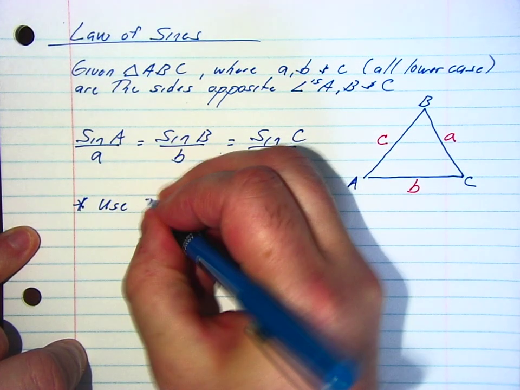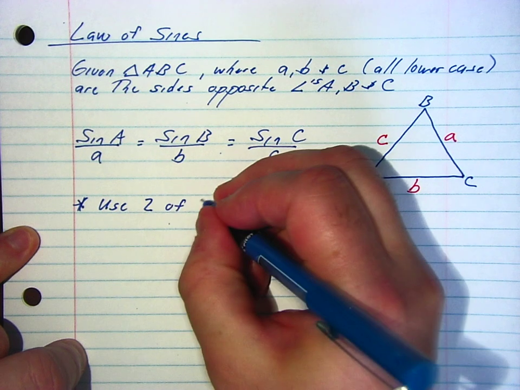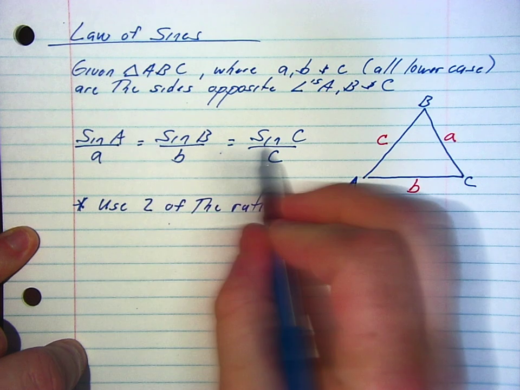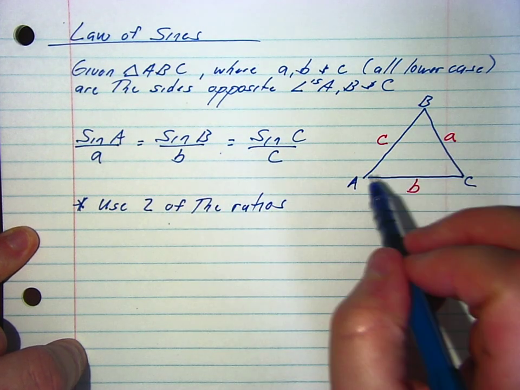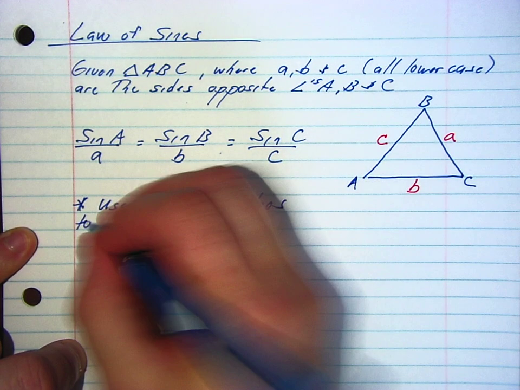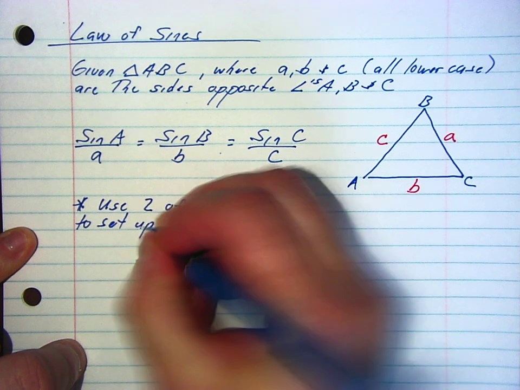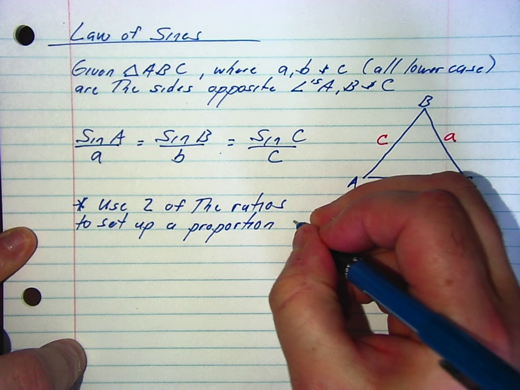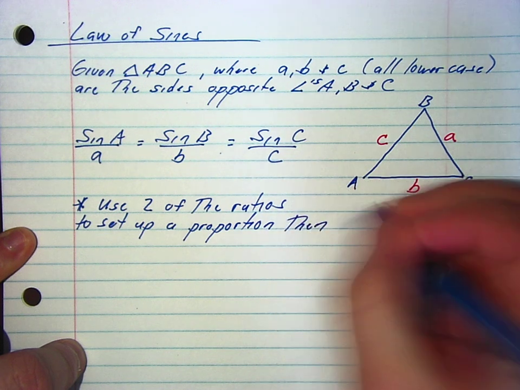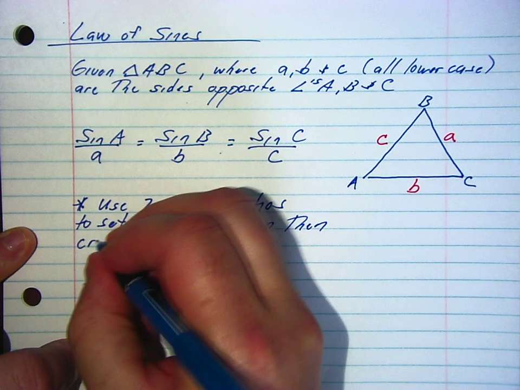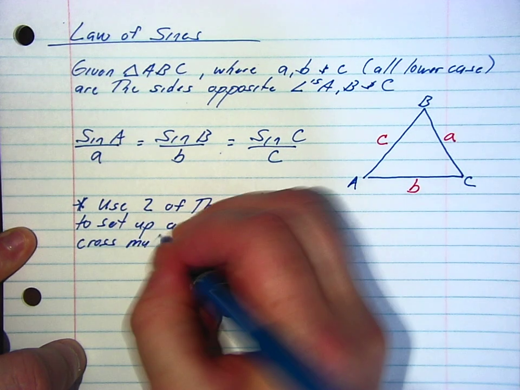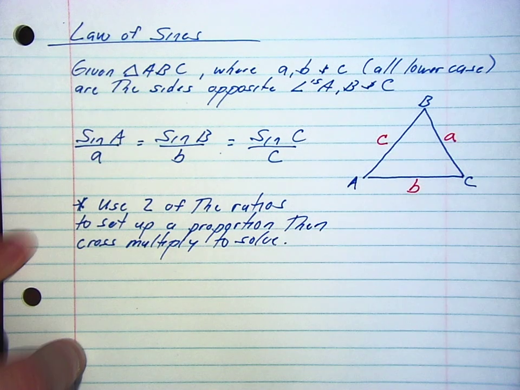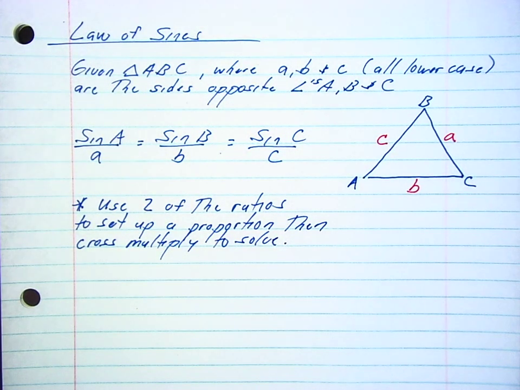We're going to use 2 of the ratios, so 2 of the 3 of these, depending on what information you're given, to set up a proportion. Then we're going to cross multiply to solve. Okay, that's what we're looking at.